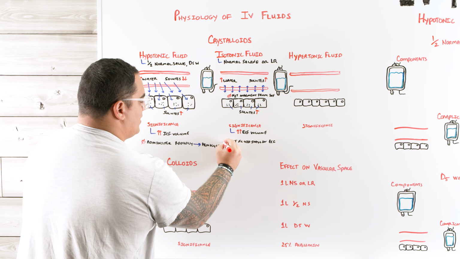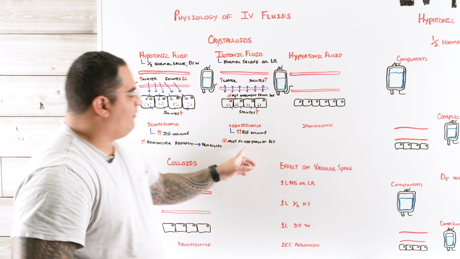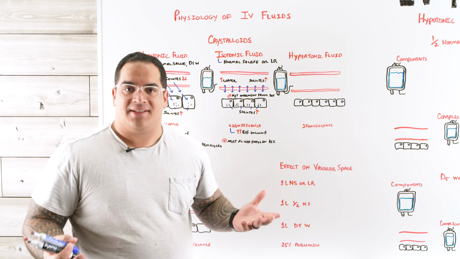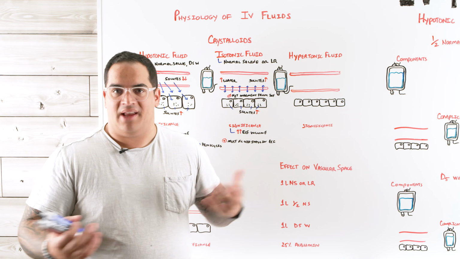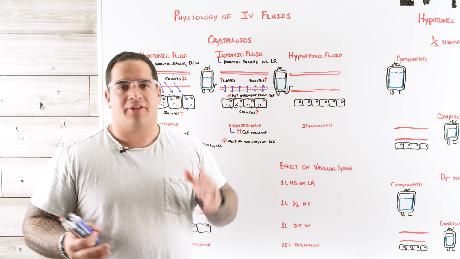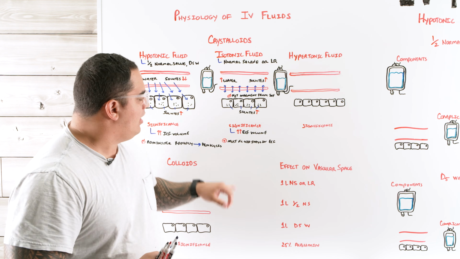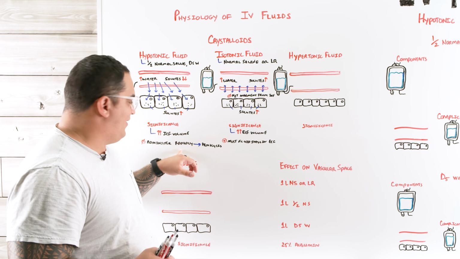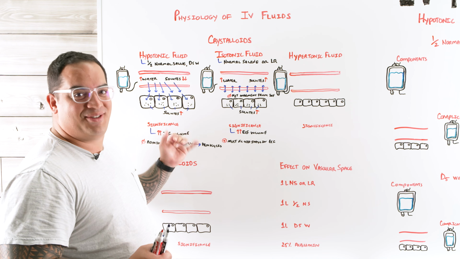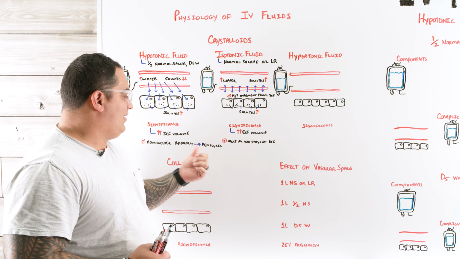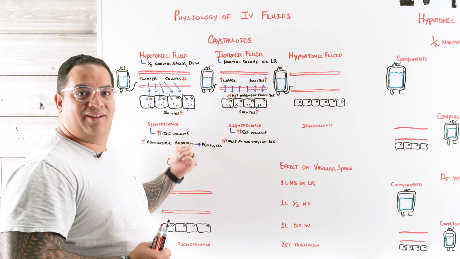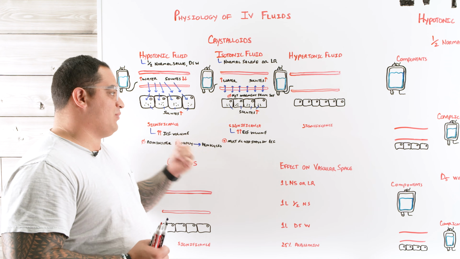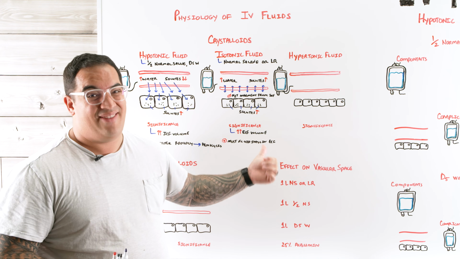When you give a fluid, your goal is to expand the vascular space. We usually give fluids to expand the vascular space or fix other electrolyte abnormalities, essentially. If I want to give a fluid that is not going to increase my vascular space, okay, then maybe I give this one. But if I want to expand my vascular space, I probably want to give this one.